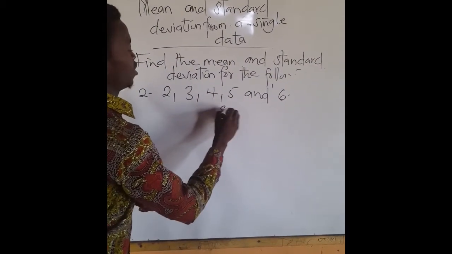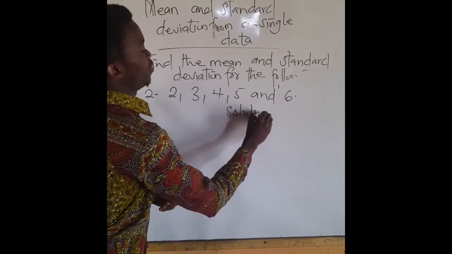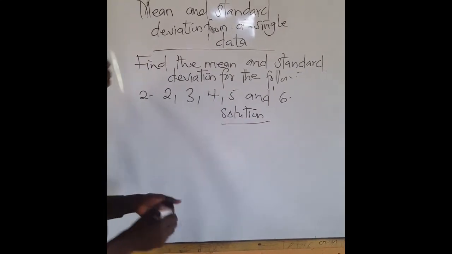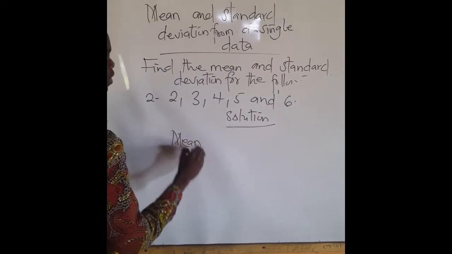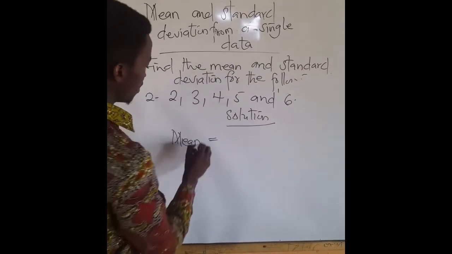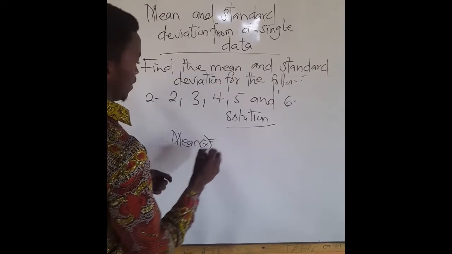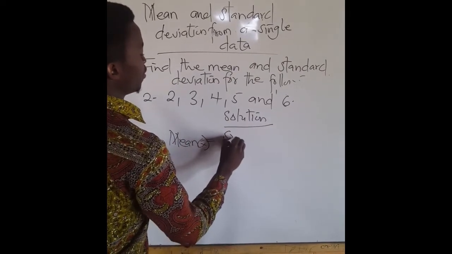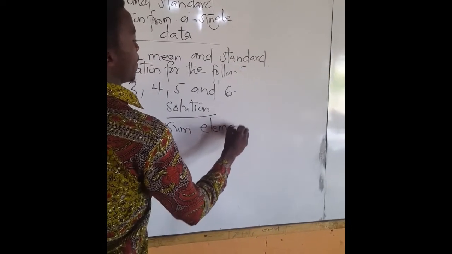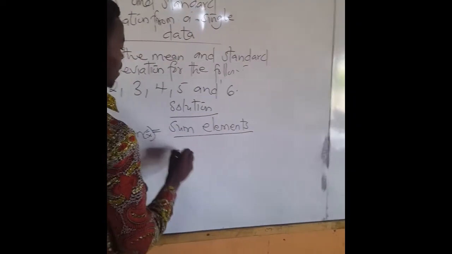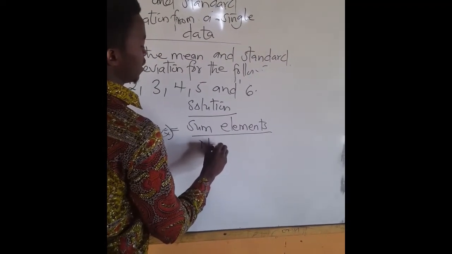Okay. So first of all, we start by calculating for the mean. So the mean is going to give us sum of elements divided by what? Number of elements.